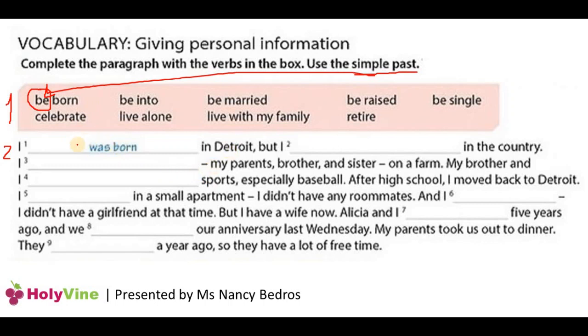Okay? All right. I was born, so this one is used. We don't need it. I was born in Detroit. But in the country. My parents, brother, and sister on a farm. My brother and I, sports, especially baseball. After high school, I moved back to Detroit. In a small apartment, I didn't have any roommates.